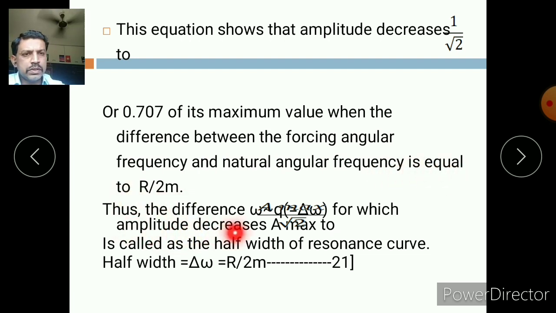Thus, the difference for which the amplitude decreases in this way is called the half width of the resonance curve. The half width is equal to r upon 2m.